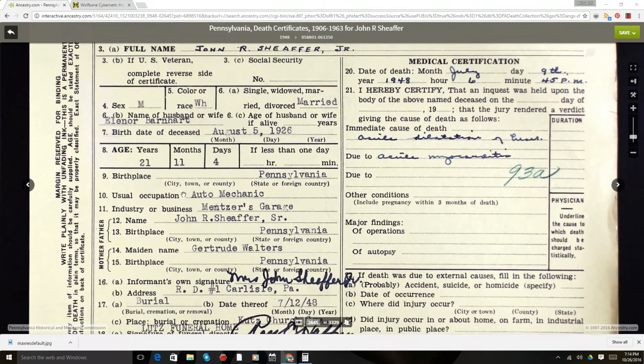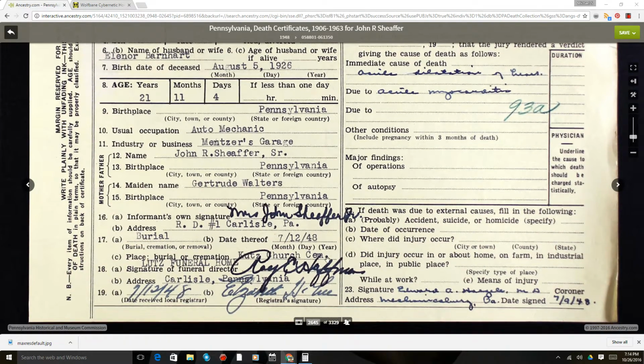We've got a typed version, and some different handwritings down here. That's not uncommon to see 2 to 3, sometimes 4 different types of handwriting, because you're going to have a staff member usually fill this part out. We have the signature of the informant, the funeral director, the registrar, and the doctor himself.